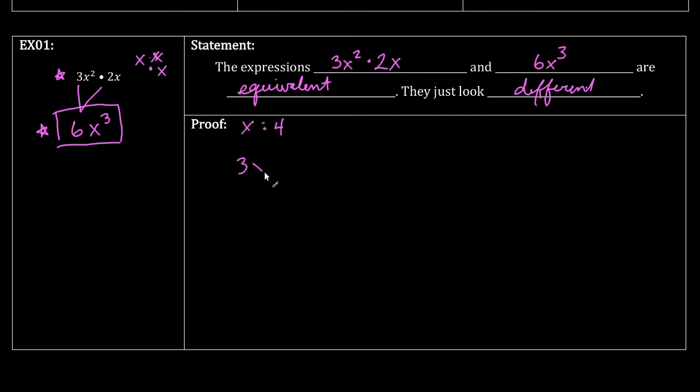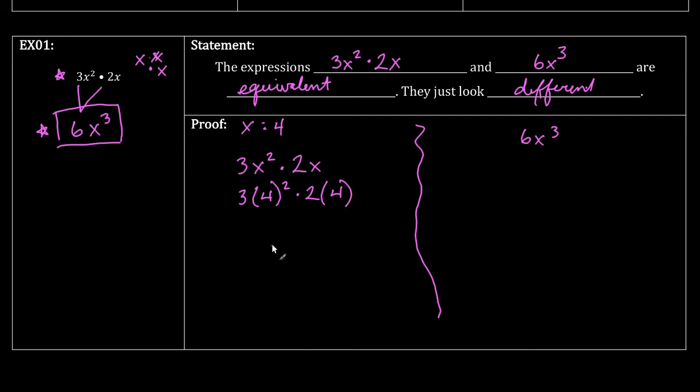3x squared times 2x should be equivalent to 6x to the 3rd power. So instead of x, I'm going to substitute in a 4. That should be the same as 6 times 4 to the 3rd power.